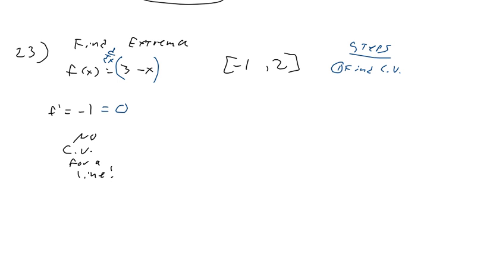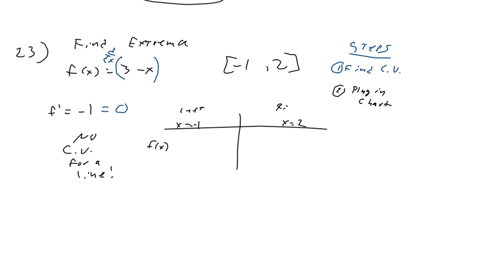That means our job is even easier. When I set up my chart, I have my -1 endpoint, I have my 2 endpoint, and that's it. Those are the only values I need to find. My left end and my right end.